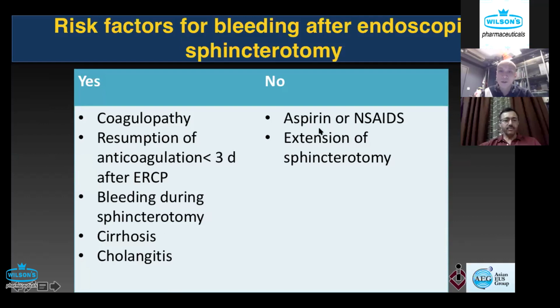In general, aspirin or NSAIDs are not risk factors, and actually we don't really stop aspirin anymore. If the patient is on double antiplatelet, then we will try to stop one single antiplatelet agent and carry on with the aspirin.